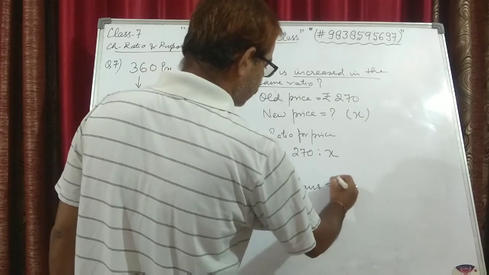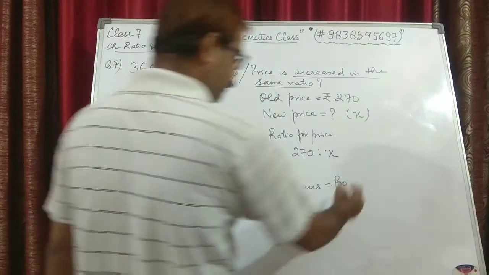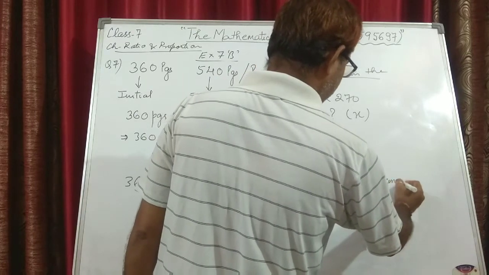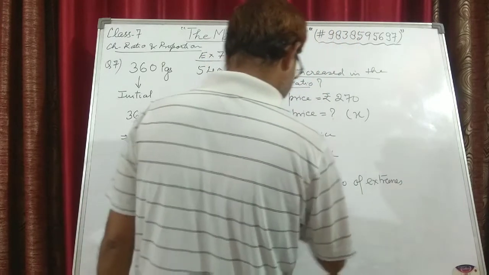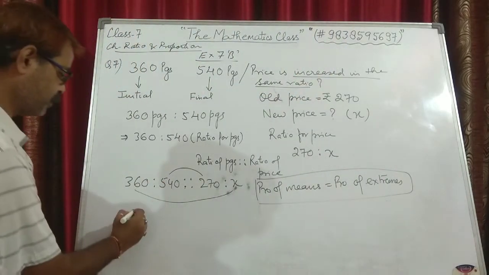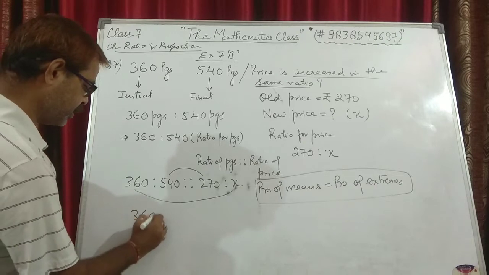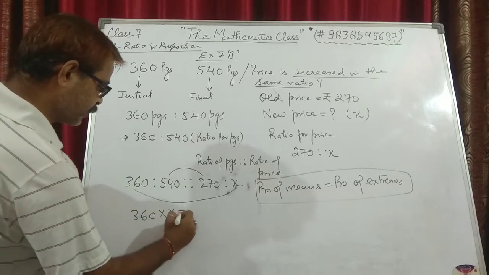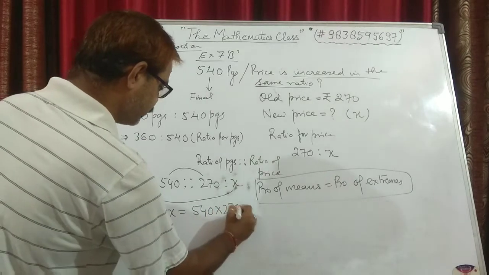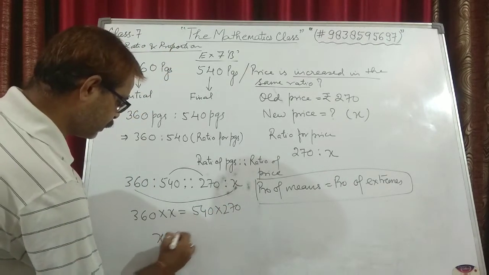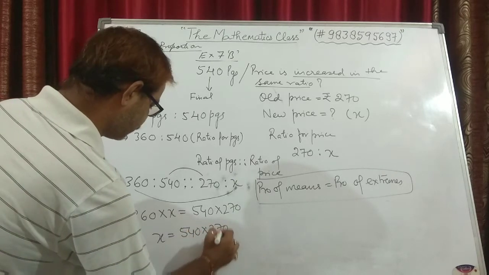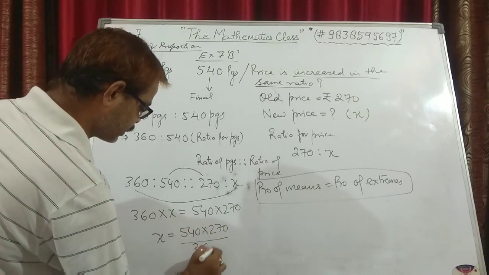This is what we have studied in the previous class. It means 360 into X is equal to 540 into 270. Therefore, X will be 540 into 270 upon 360.